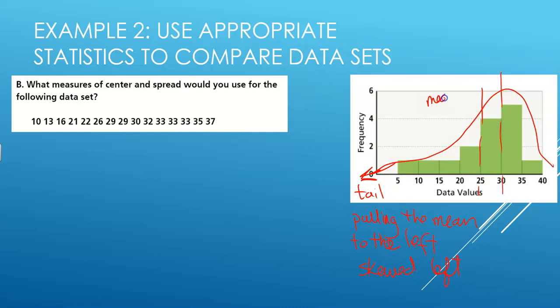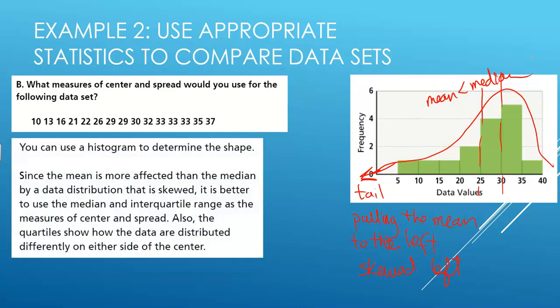But the mean would be less than the median. Since the mean is more affected by this data distribution than the median, when it's skewed, it's better to use the median. When you use the median, do you remember what goes with it? The interquartile range.